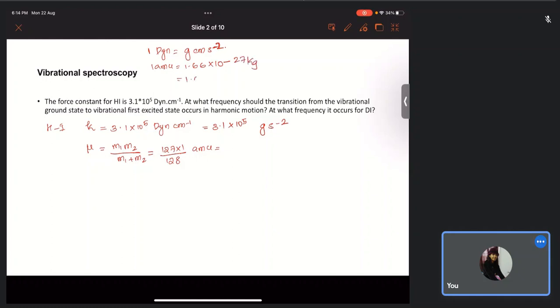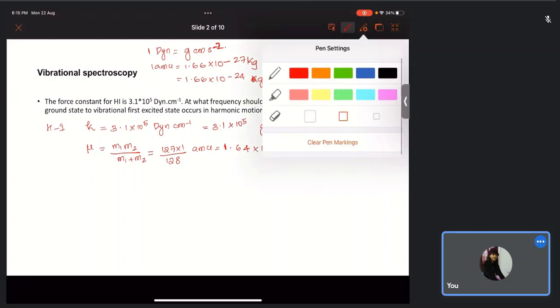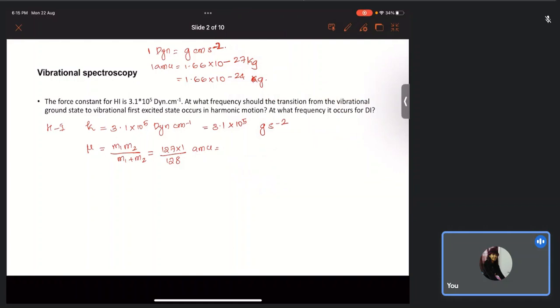This is equal to 1.66 into 10 to the power minus 24 grams. So 127 by 128 into 1.66 into 10 to the power minus 24 grams comes to 1.64 into 10 to the power minus 24 grams.